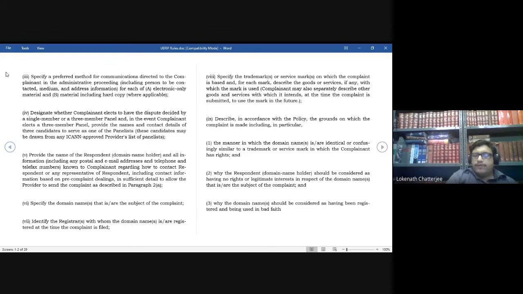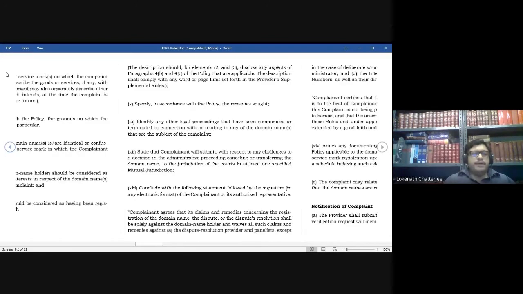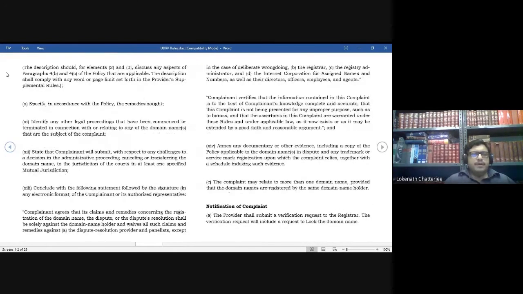The respondent would have to prove its rights, and you've seen 3. The policy, as we were seeing, paragraph 4b and 4c of the policy.